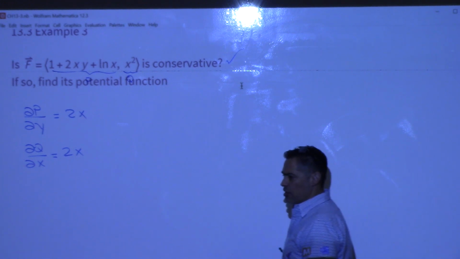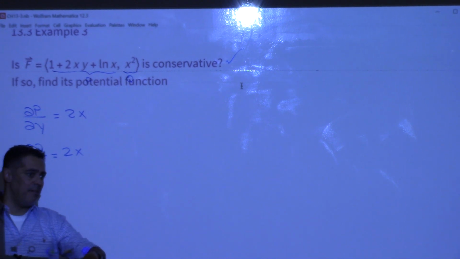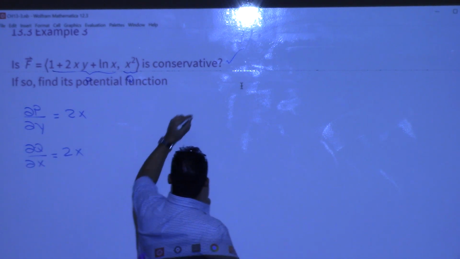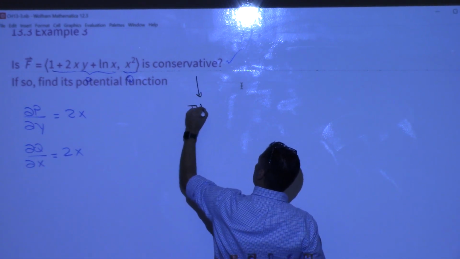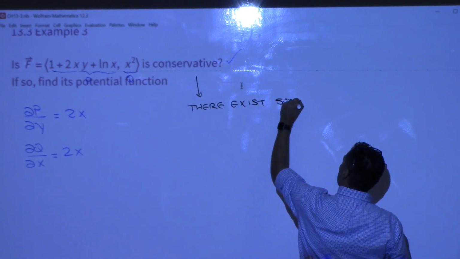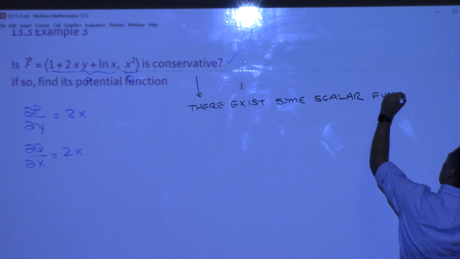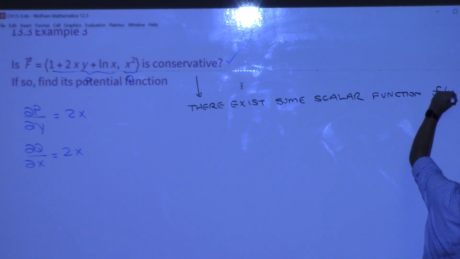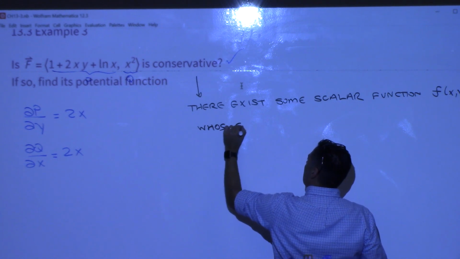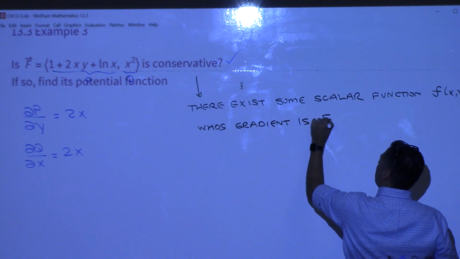The potential function is the scalar function that you take the gradient of to get that, right? This is conservative, which means being conservative means there exists some scalar function, in this case f of x,y, whose gradient is F, right?